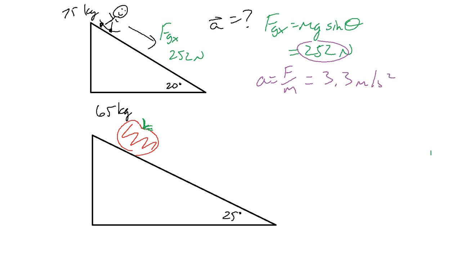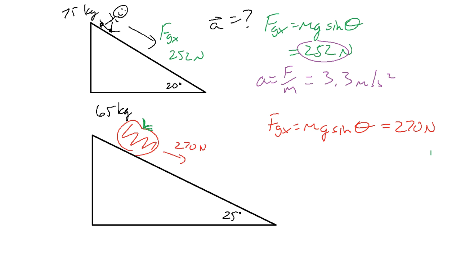Let's start with my FGX. My FGX would be mg sine theta. So I'll do 65 times 9.81, times the sine of 25 degrees, and I've got an FGX of around 270 newtons. So there's 270 newtons trying to pull the tomato down the ramp.